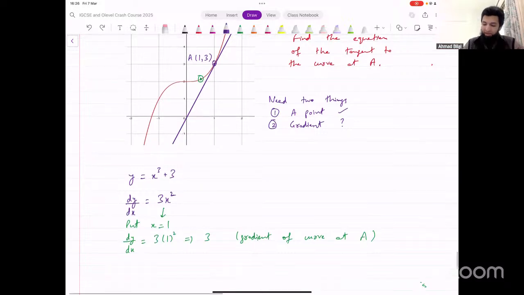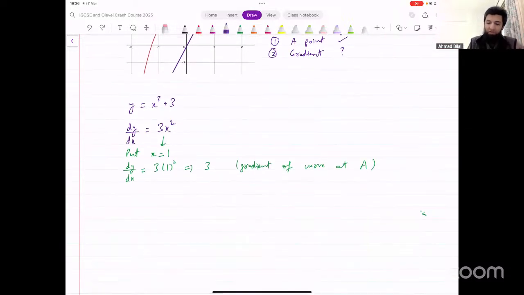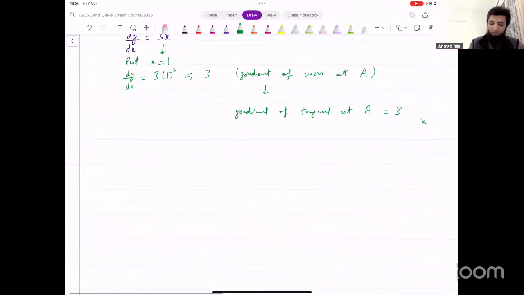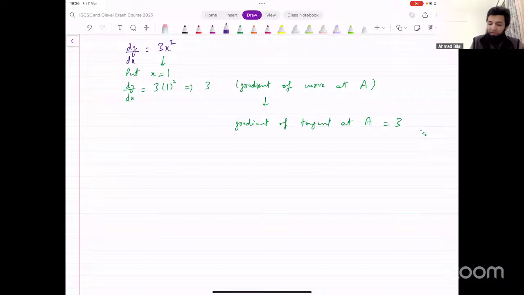So if the gradient of the curve is 3, that means the gradient of the tangent at A is also going to be equal to 3. Whatever the gradient of the curve at that point, the gradient of the tangent is going to be the same as well.